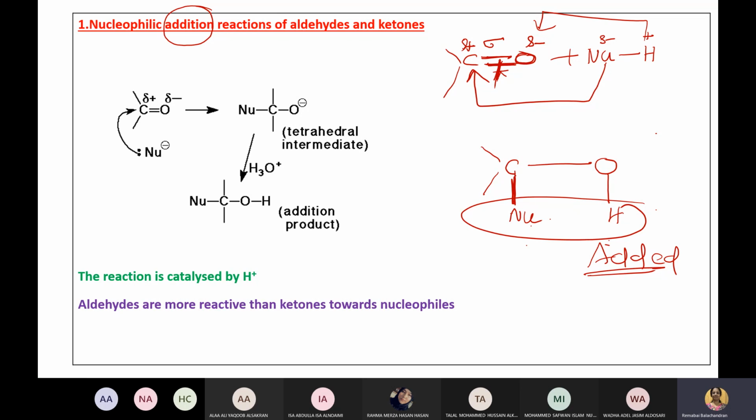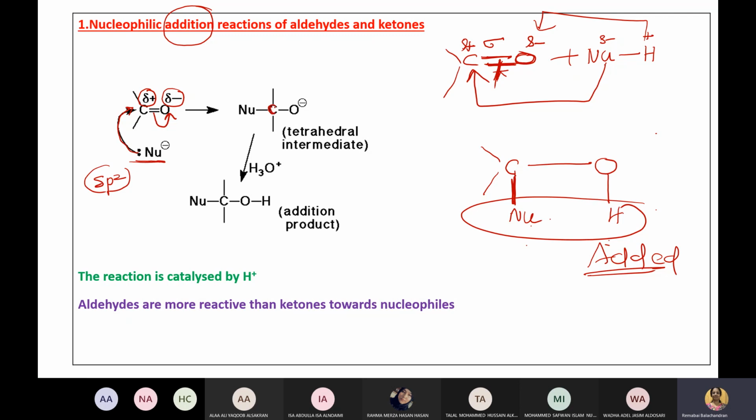Now actually this reaction, even though I wrote it in one step, takes place in two steps. Can you see? This has a slight positive charge, this has a slight negative charge. We are adding a nucleophile. So step number one, the nucleophile gets attached to this carbon, so this bond will shift completely. You know the hybridization of this carbon is sp2; we did this on the previous slide. So now Nu is added and you get an intermediate.